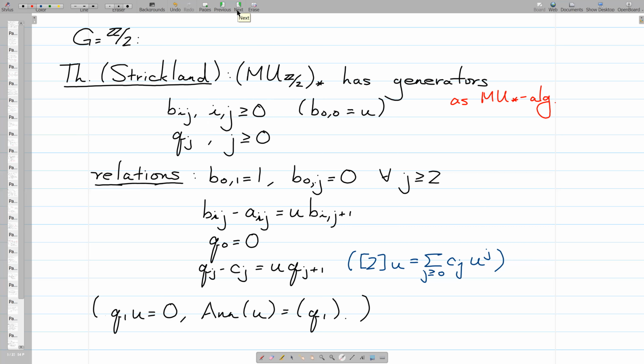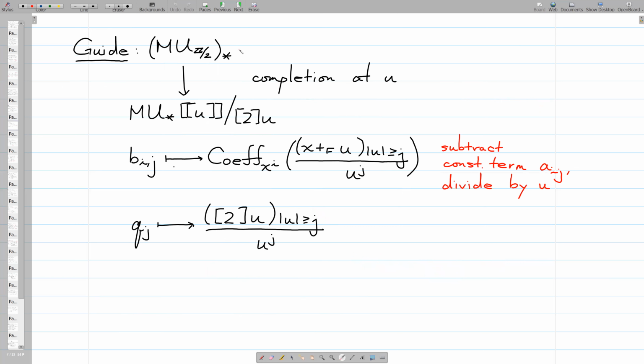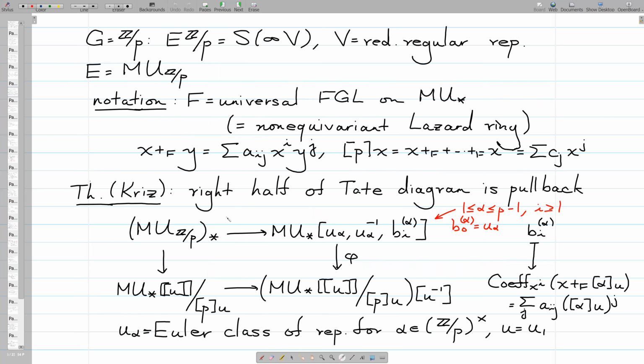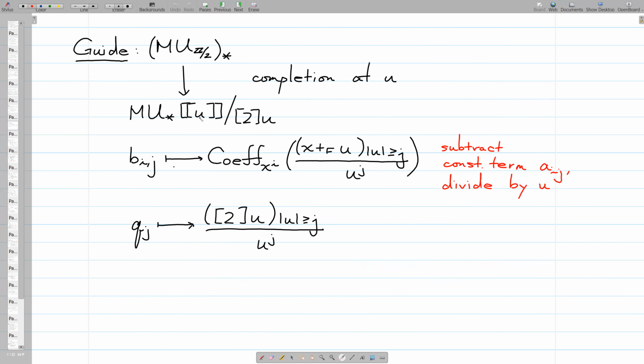Okay, so that's a statement of Strickland's theorem for the calculation of MU Z mod 2 star. And how you should think about it is that you should take, again, the map from MU Z mod 2 star to the Borel cohomology, which just looks like MU star adjoined a power series variable U divided by the 2-series.